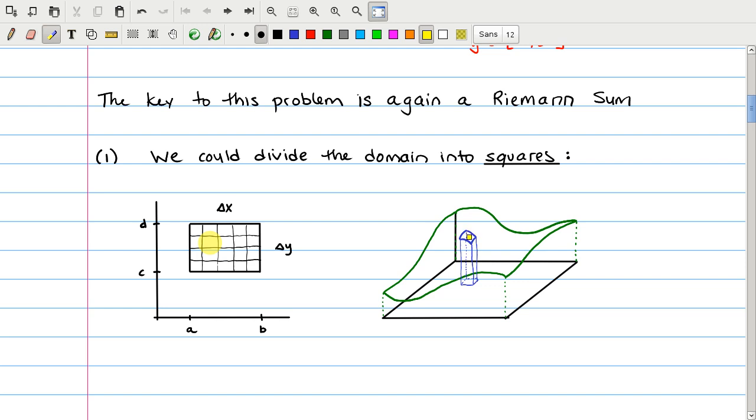And we say, okay, this is about equal to a rectangular prism. How tall is this object? So we pick any point on the inside, and we say, that's how high we're going to call this square. I'm getting a little ahead of myself. Here we just first divide the domain into squares. Here's our square. Here's what the function looks like above that square.